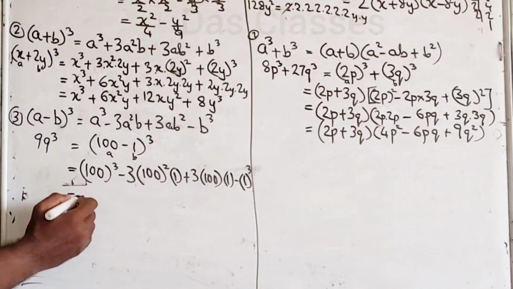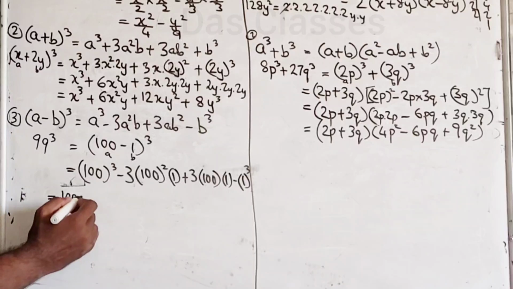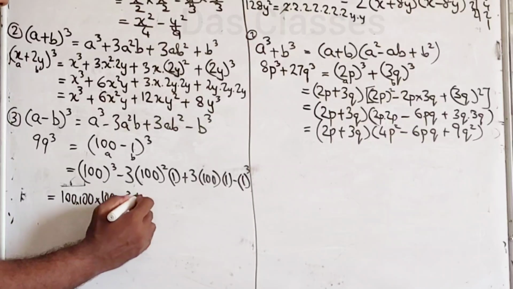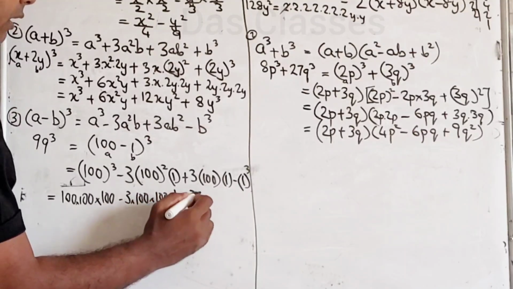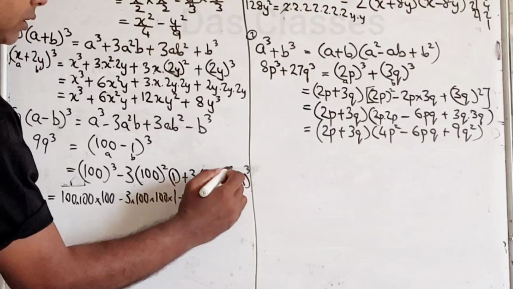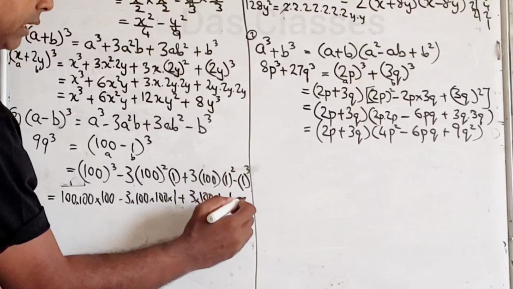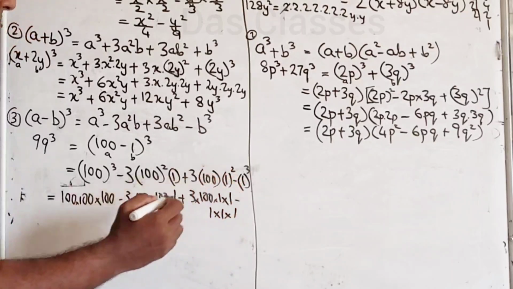So just remove the bracket. Better you write down the full thing: 100 into 100 into 100, 3 times, minus 3 into 100 into 100 into 1, plus 3 into 100 into 1 into 1, and 1 cube is going to be 1 into 1 into 1.